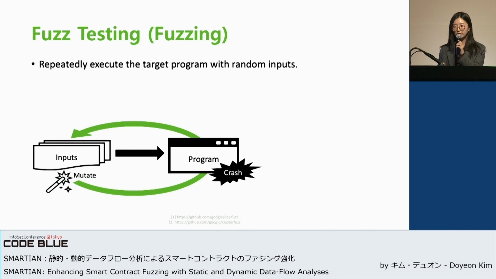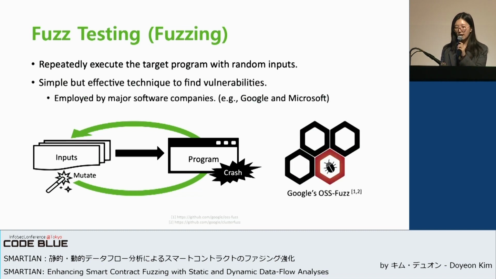Although the fundamentals are really simple, fuzzing has gradually advanced in various aspects. It has become an effective technique for finding program vulnerabilities, and many software companies such as Google and Microsoft use fuzzing a lot.